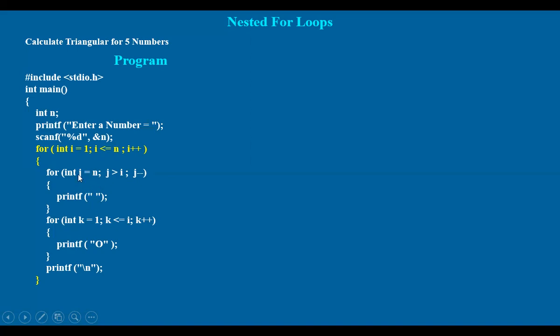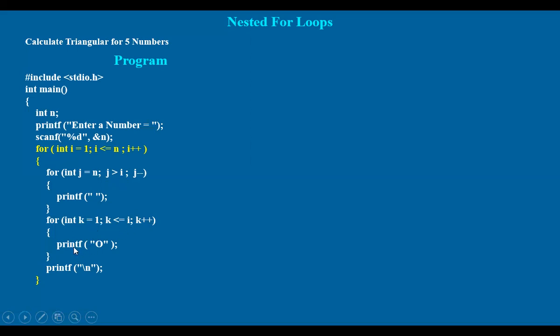So what happens? This loop continues. With 5, it continues. It prints 1 space. Next, 4, another space. 3, another space. And 2, it won't come again. That means it has printed only 3 times. The space is printed 3 times here. And the I value is 2 now.